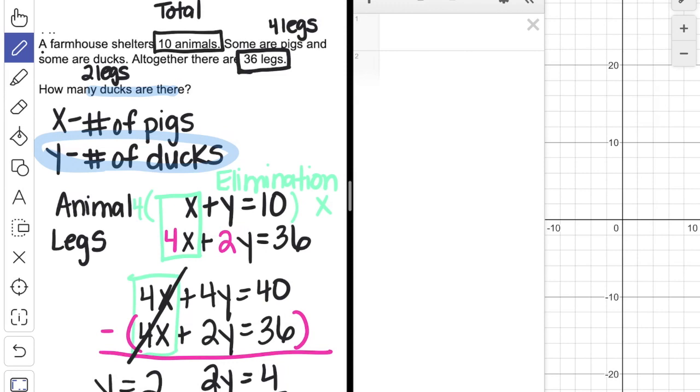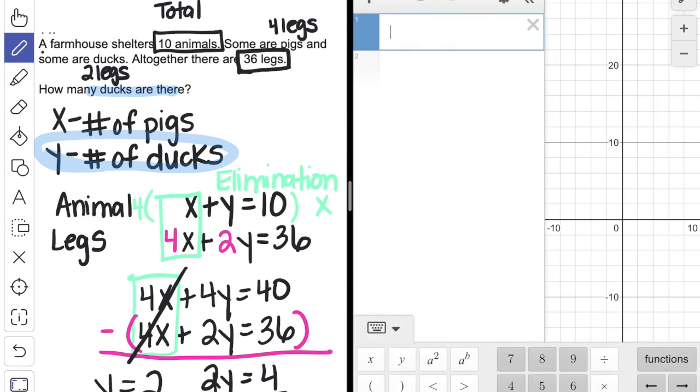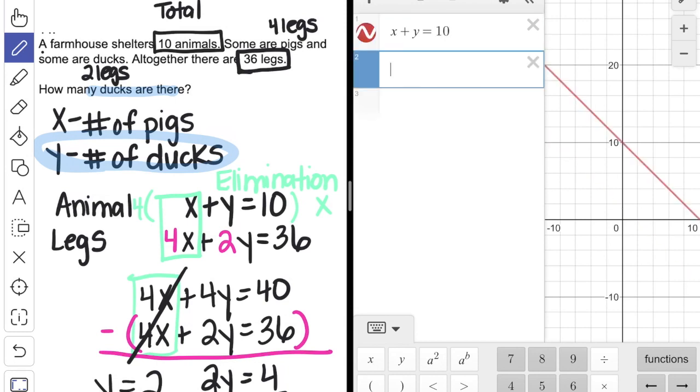Now, what that means is that if I have 2 ducks, and I have a total of 10 animals, then I should have 8 pigs. Well, how can I check myself? Well, I can take these two equations and put them into Desmos and check them graphically. So I'm going to do x plus y equals 10, and I have 4x plus 2y equals 36.